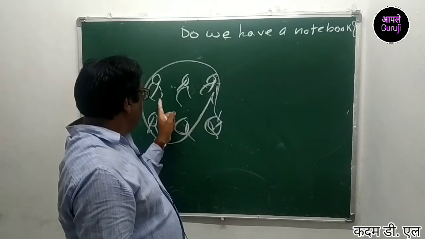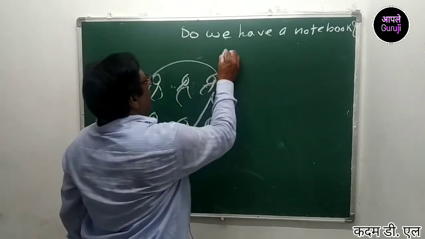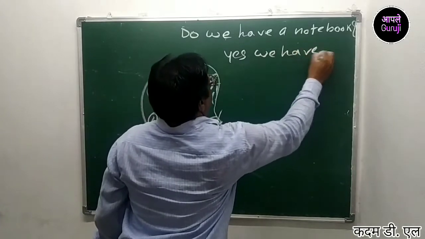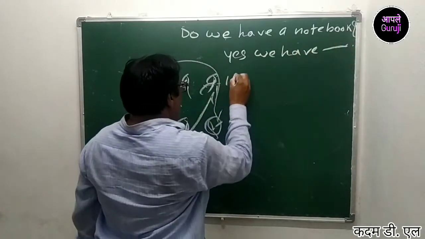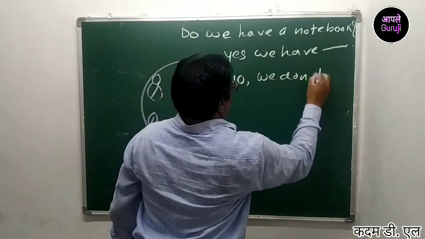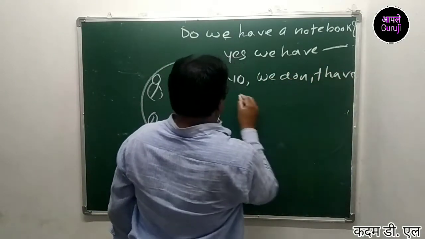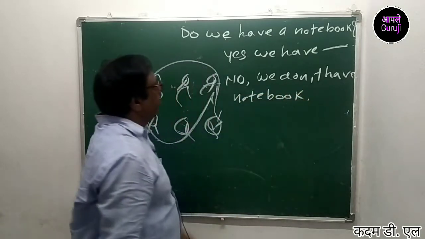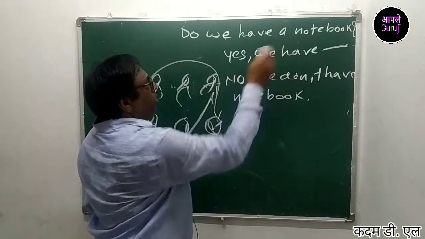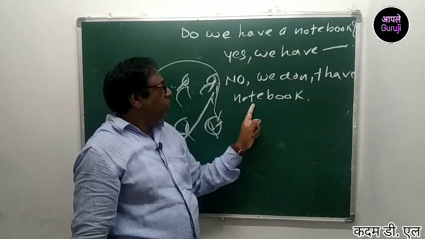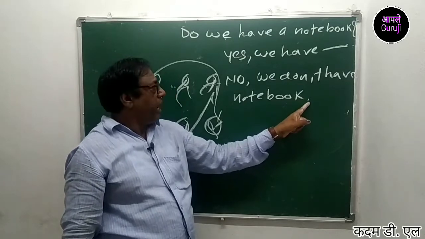Then one of them will say, yes, we have notebook. No, we do not have notebook. Yes question: yes, we have notebook. No type of question: no, we don't have notebook.